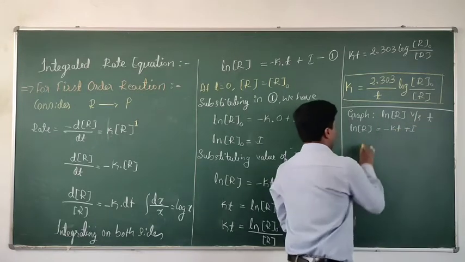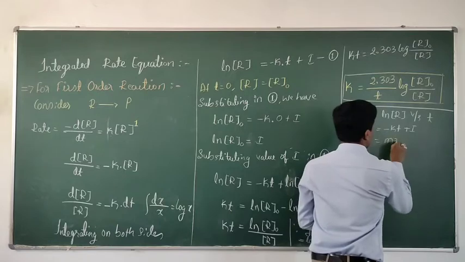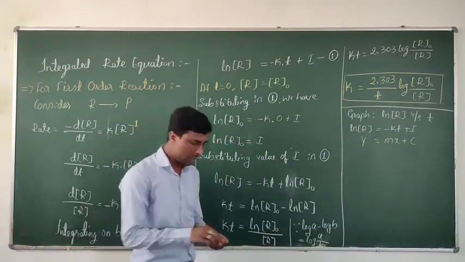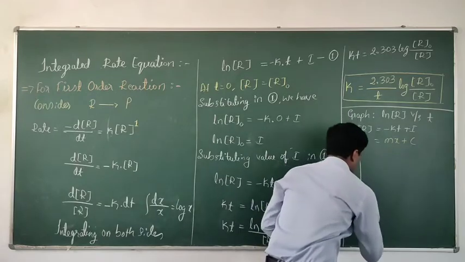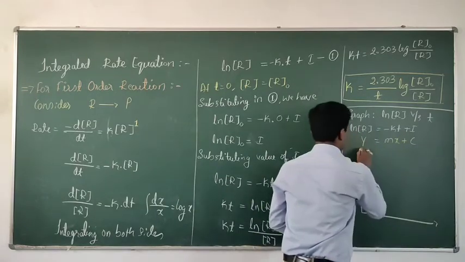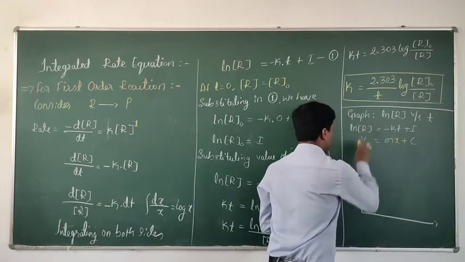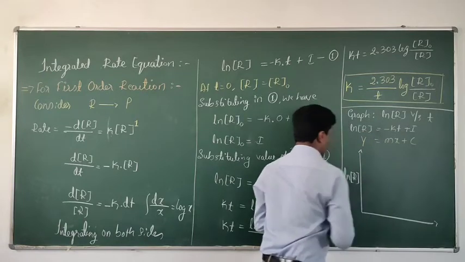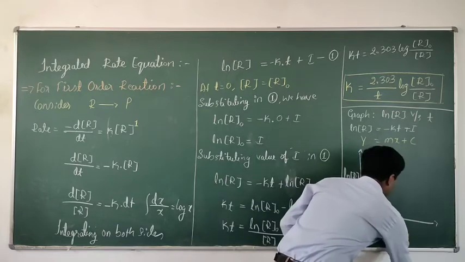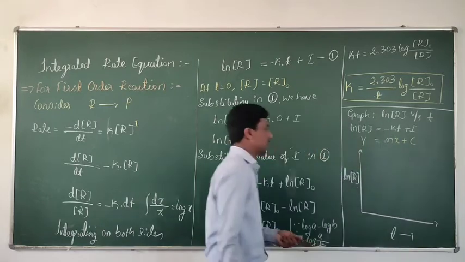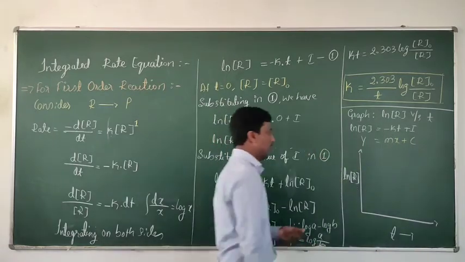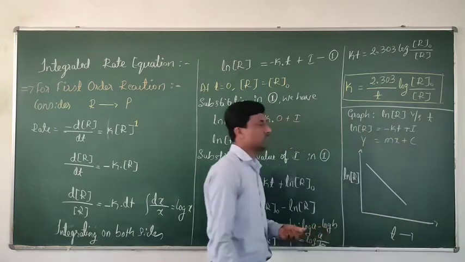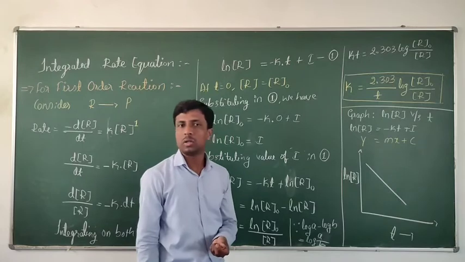It is in the form of y is equal to mx plus c. Again we will have a straight line for the graph. Here ln r on the y-axis, and on the x-axis take t. Again you will have the slope here.